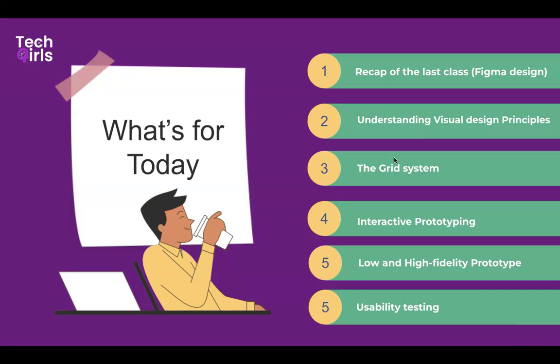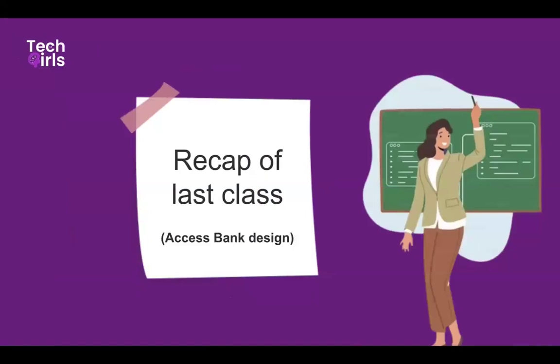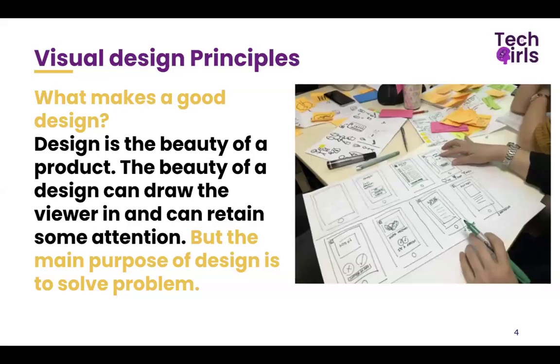We'll also look at the grid system, interactive prototyping, and low and high fidelity prototypes. Then we'll look at usability testing. Then we'll do some practicals, then we'll call it a night. So we're supposed to do this, but that will be after we finish learning all these other ones.